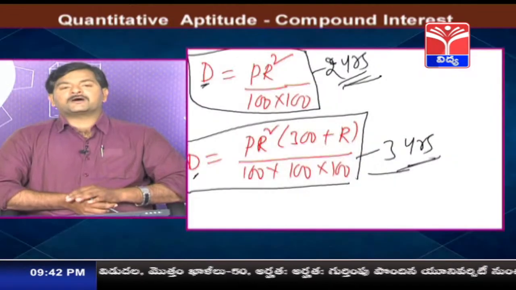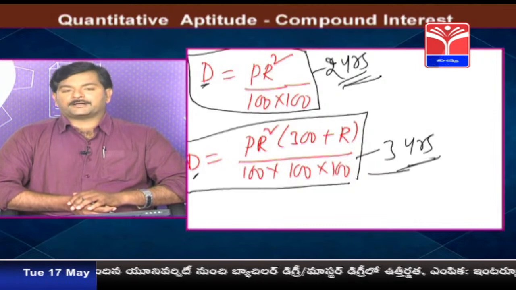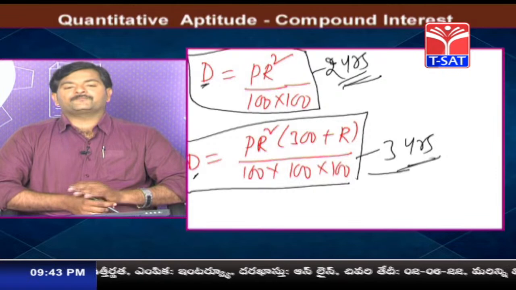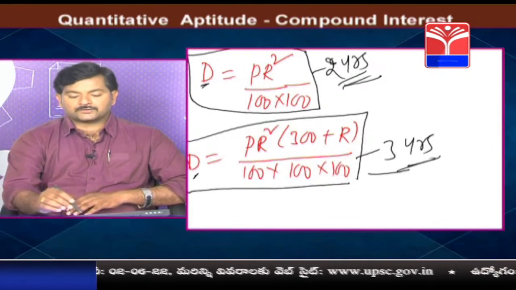Remember, for 2 years the formula is D equals PR square by 100 into 100. For 3 years, PR square into 300 plus R by 100 into 100 into 100. By using this concept, we can now solve the questions.